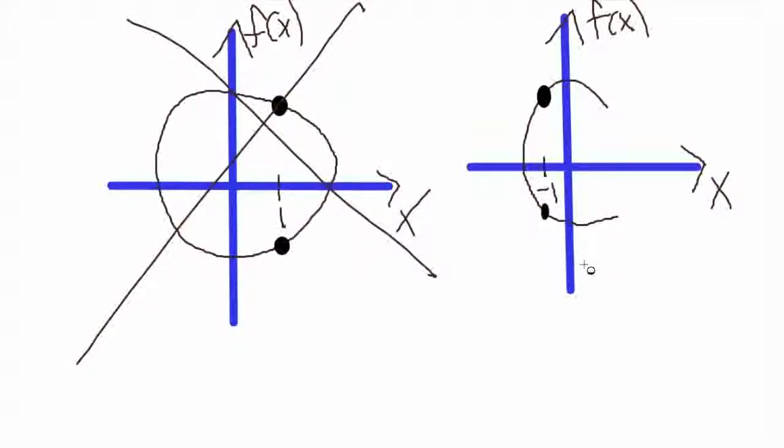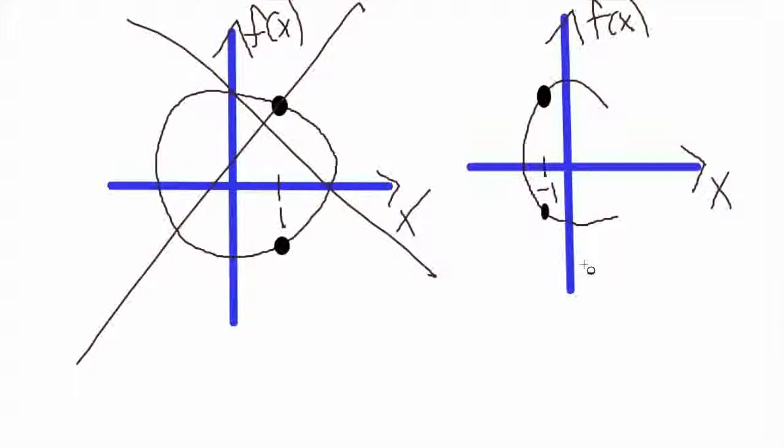You can keep drawing all kinds of pictures of graphs that could not be the graphs of functions, and what they will all have in common is there'll be 2 points that have different heights at a certain x value. Okay, one way to see if a graph disqualifies itself is simply seeing if there are 2 heights associated with any one x value.